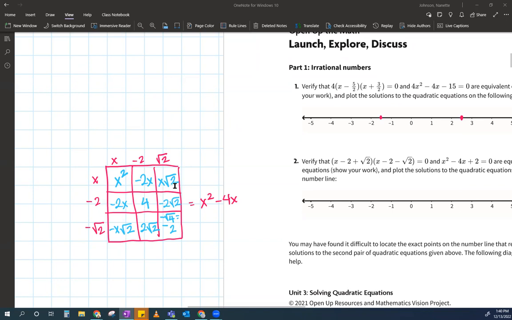Yeah, this x√2. What's x√2 minus x√2, guys?